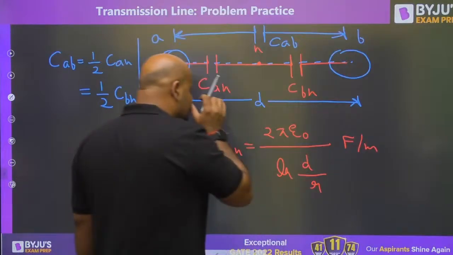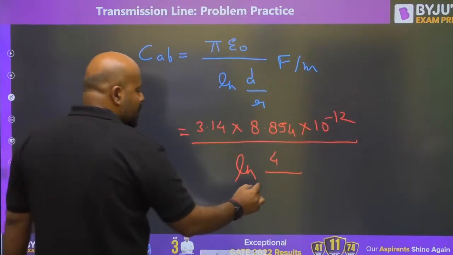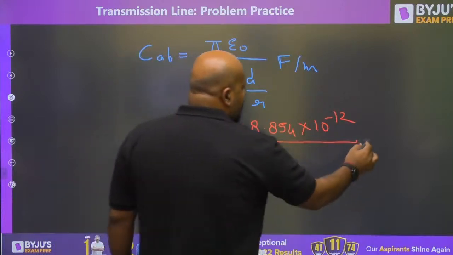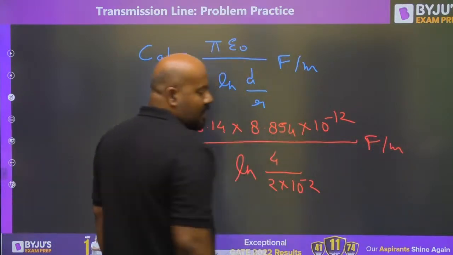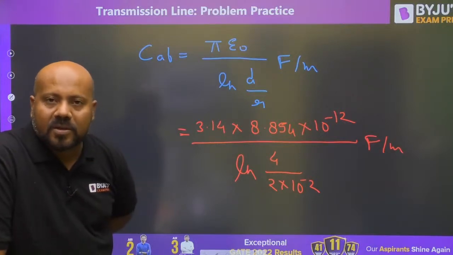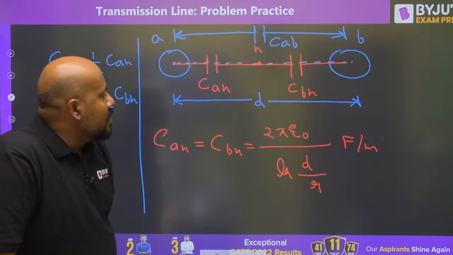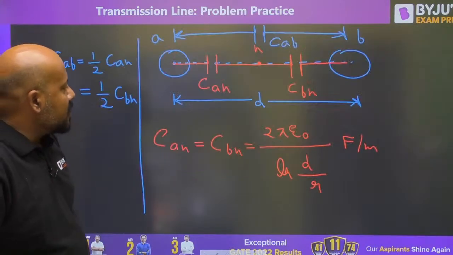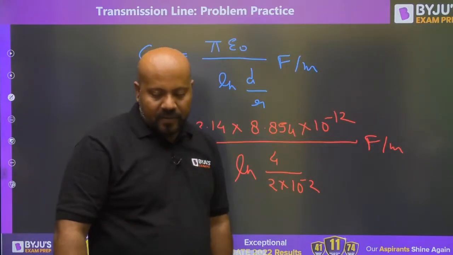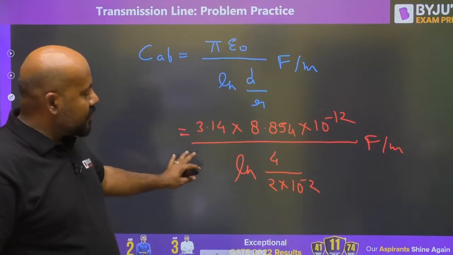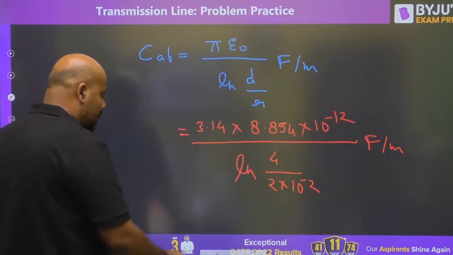Now centimeter you have to change into meter to keep track of units. So this is going to be 2 into 10 to the power minus 2, and this is going to be farad per meter. So if you have a calculator, you can use it and tell me in the comment section what answer you are getting. Can you calculate this? So this will be your answer.